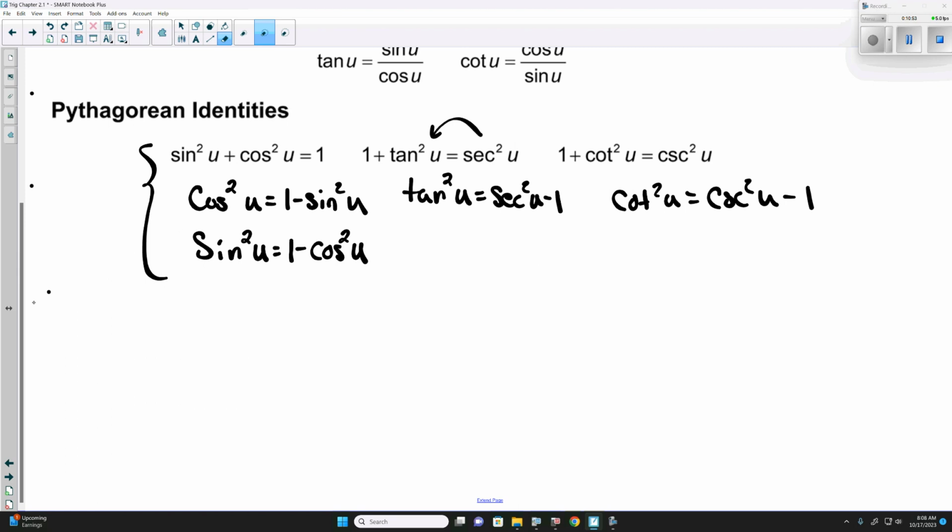So I could use the fact that sine squared is equal to 1 minus cosine squared. Or we can use the fact that 1 plus cotangent squared is equal to cosecant squared. We can use either one of these here.